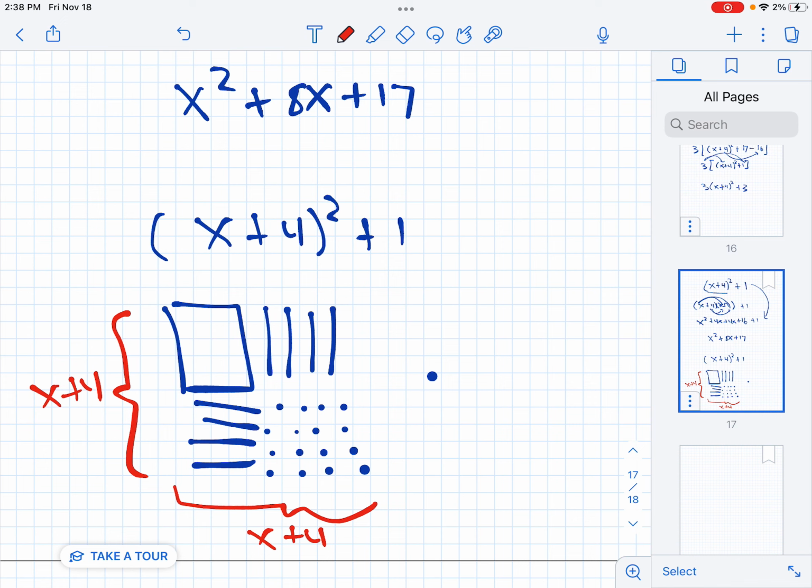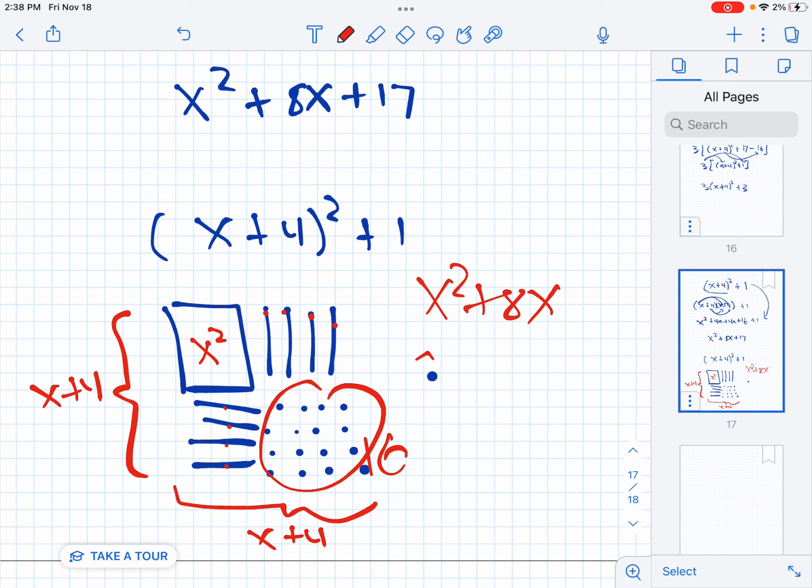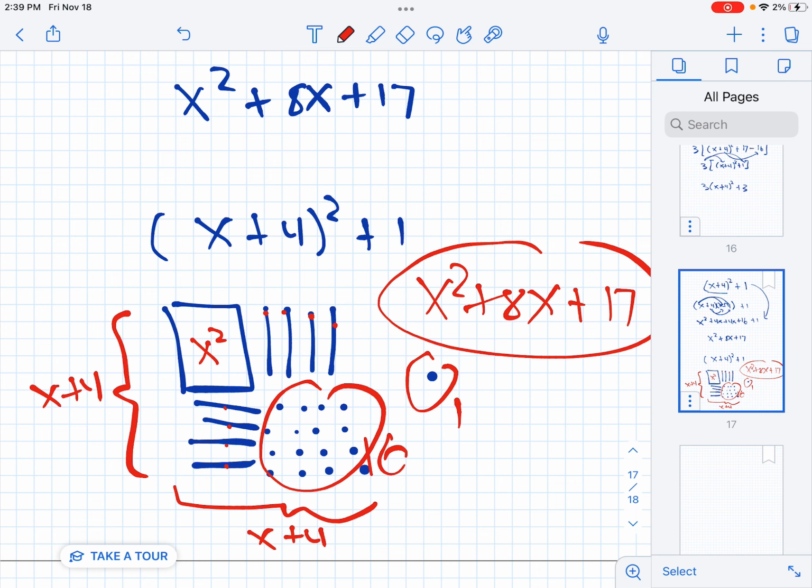And if I break apart the shape, I have an x squared. I have 8 x's. And I have 16 plus 1, I have 17. So if that helps you, that's what we're doing when we use the FOIL method.